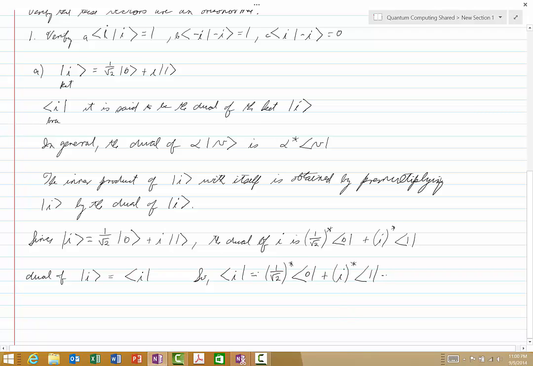And of course, 1 over square root of 2 is real, so when we take the complex conjugate, we still get 1 over square root of 2.